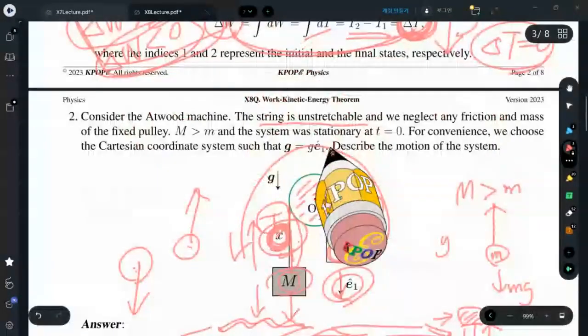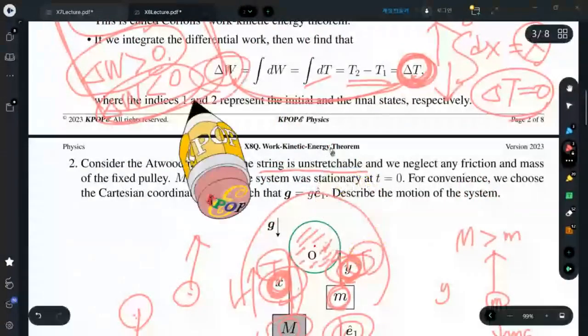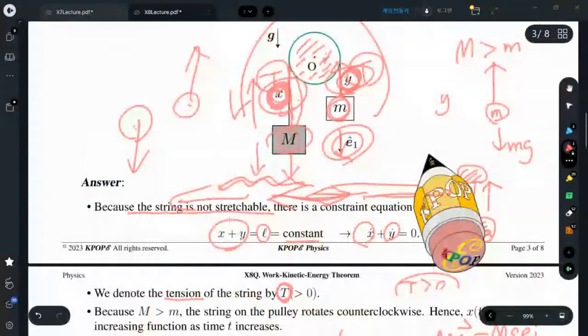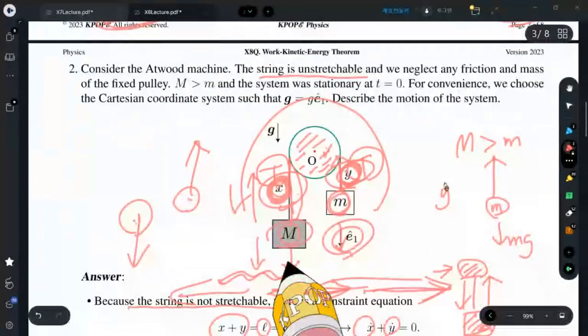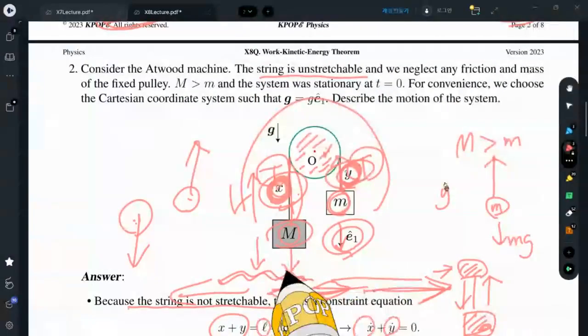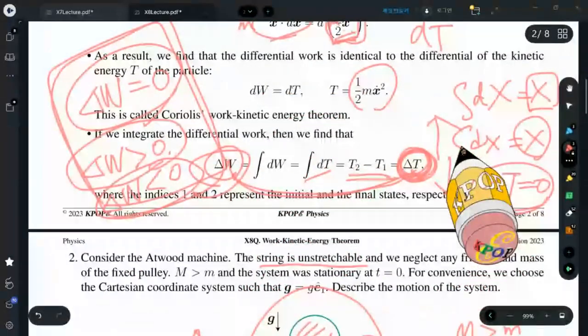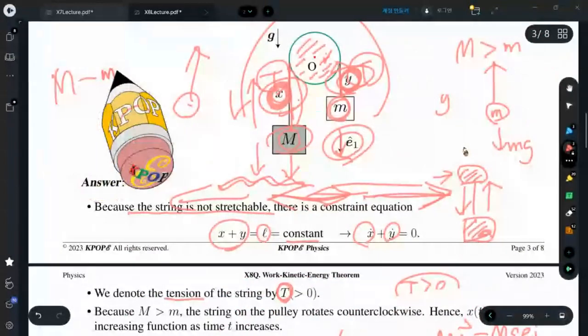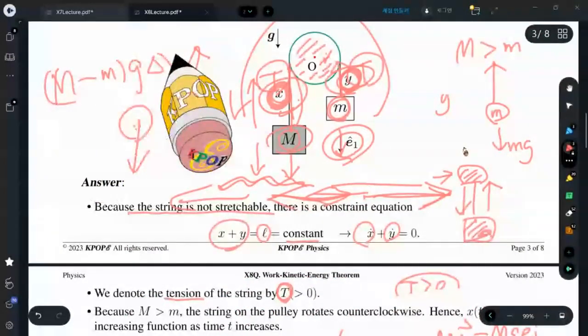Therefore, according to the work-kinetic energy theorem, the net work done by the external force is only due to the gravitational force, and the amount of work done by the gravitational force is (M minus m) g delta x.